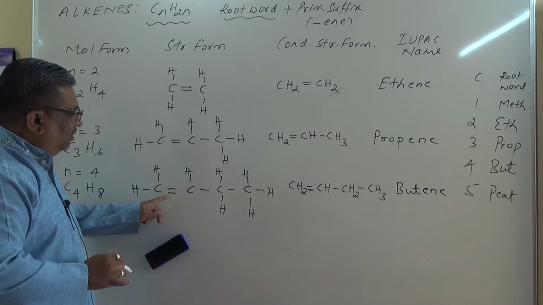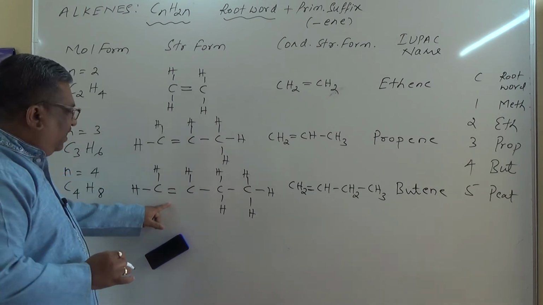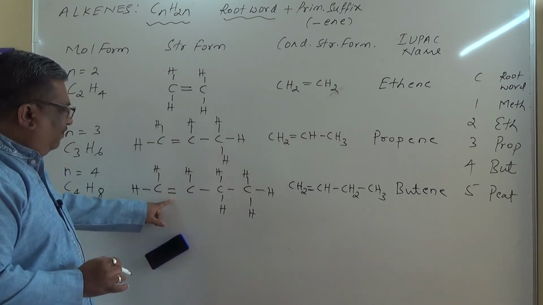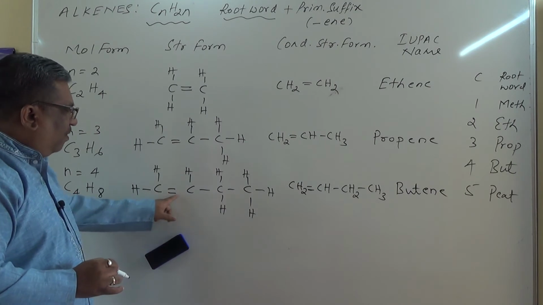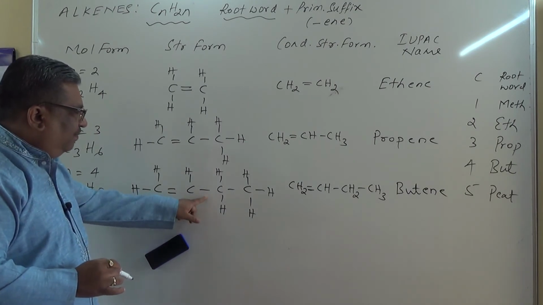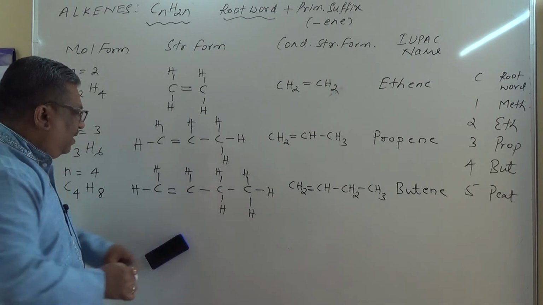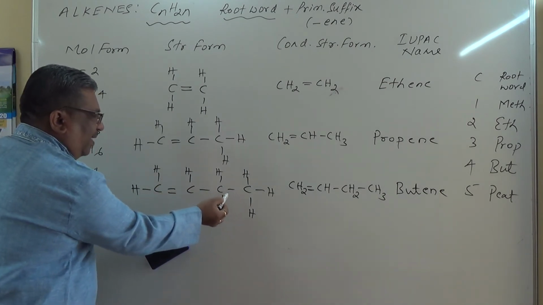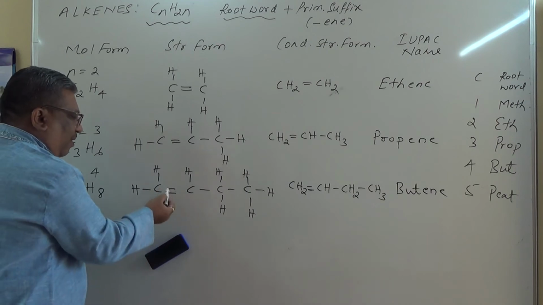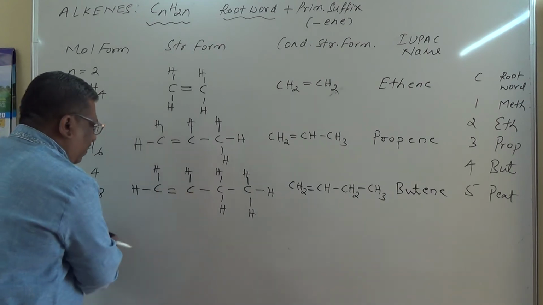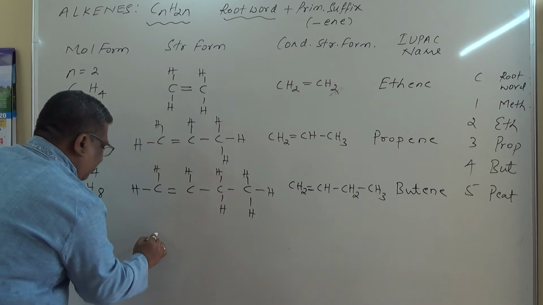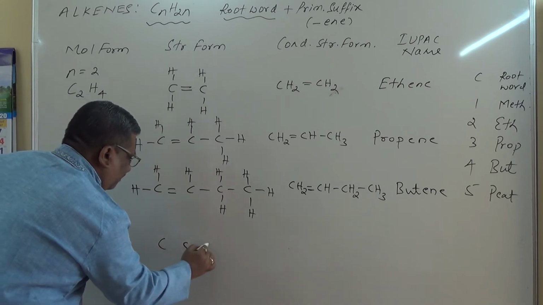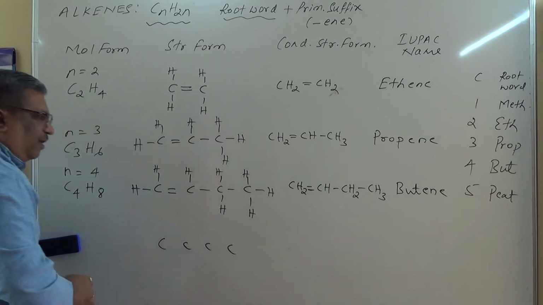Now here is one very important thing. There is a possibility of shifting this double bond here or here or here. Putting the double bond over here or here will not make a difference, but the bond can be put here also. Let me explain one more thing here. 1, 2, 3, 4 carbon atoms.